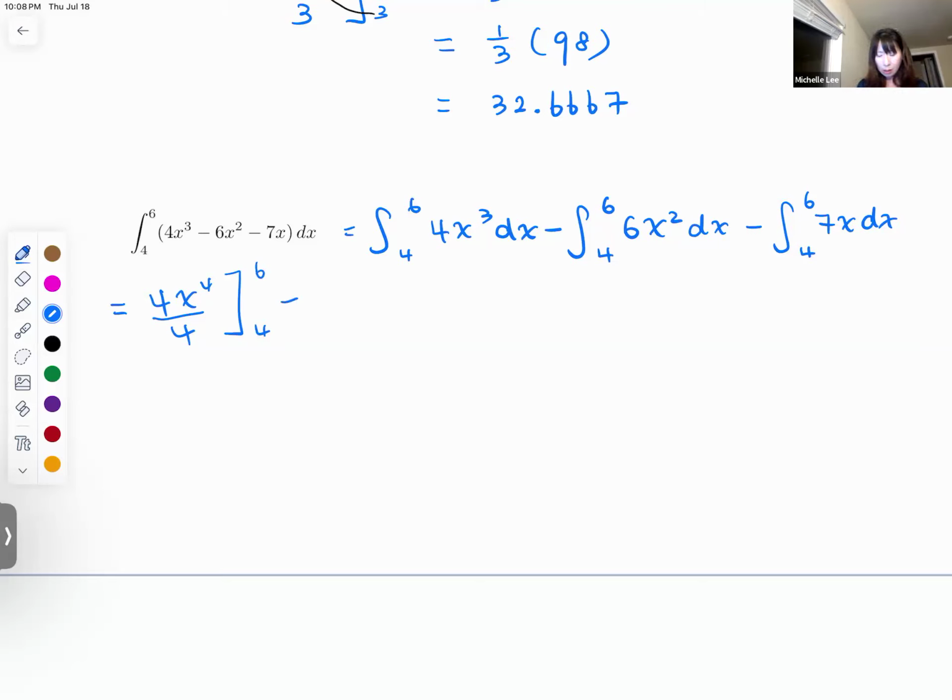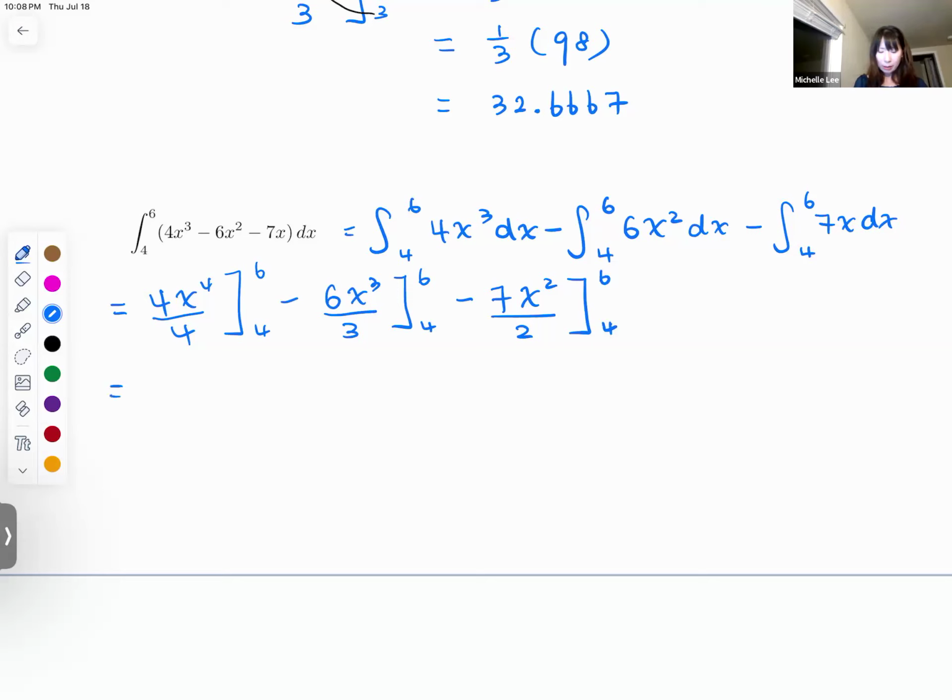Minus, we have 6, keep the coefficient, x to the third power over 3, evaluated from 4 to 6. Minus the last term, we keep the 7, add 1 to the power, and divide by the new power, evaluated from 4 to 6.